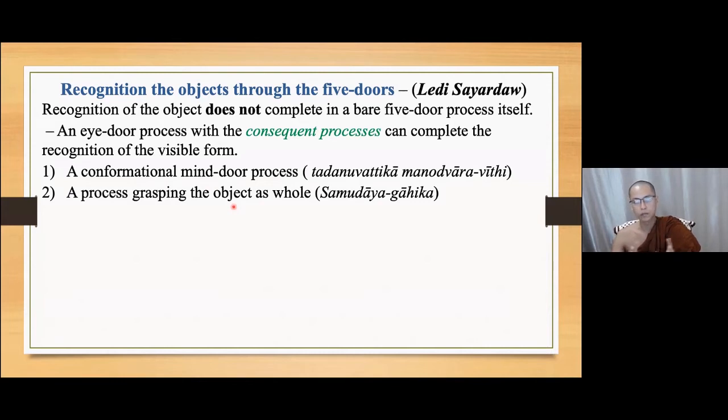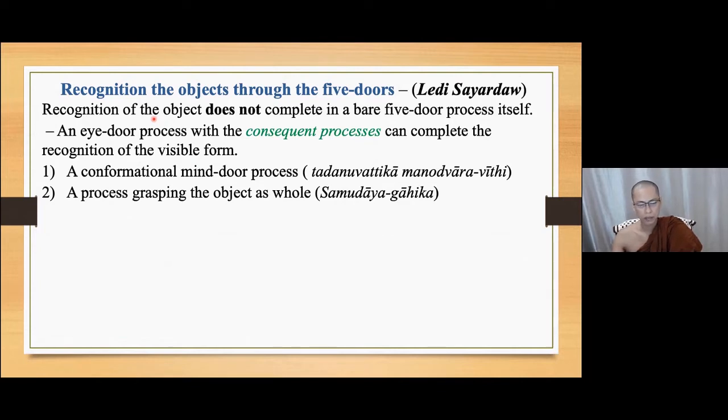So that's called samudaya gahika in Pali. So by the support of the consequent process, the recognition comes to accomplish. Otherwise, if only the eye-consciousness arises, we cannot recognize and it just passes.